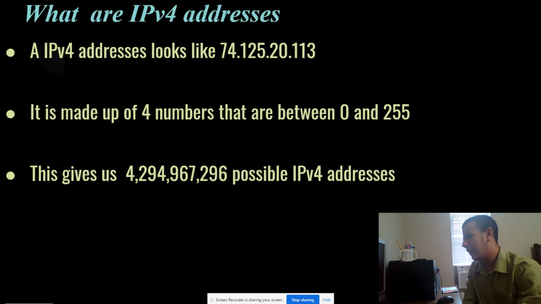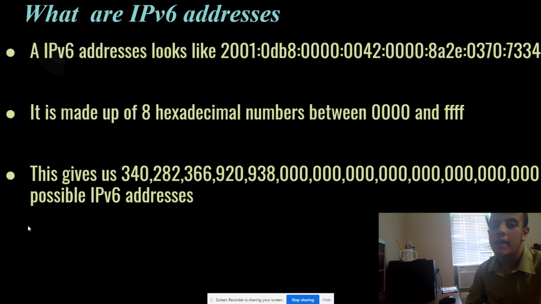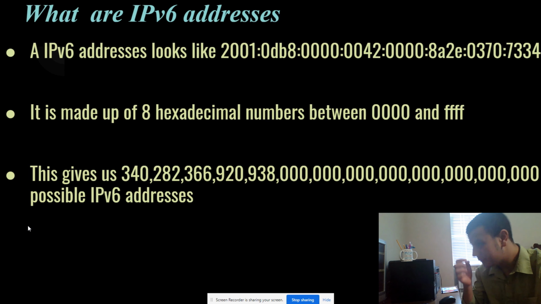You see it's 8 4-digit hexadecimal numbers separated by colons. Each is between 0000 and FFFF, and anything in between. So it's 8 of those numbers, split up by colons, which gives us really big, long addresses that look something like the one at the top.